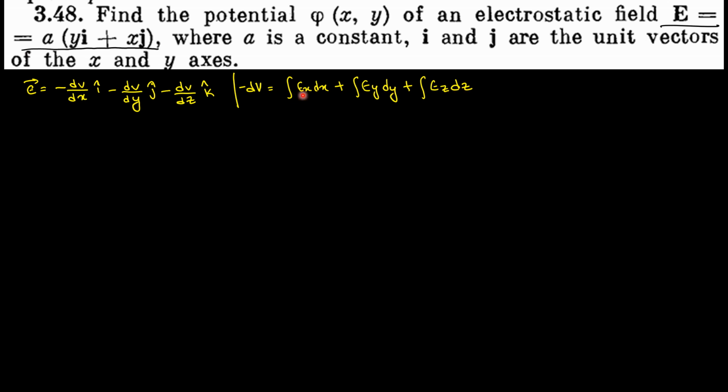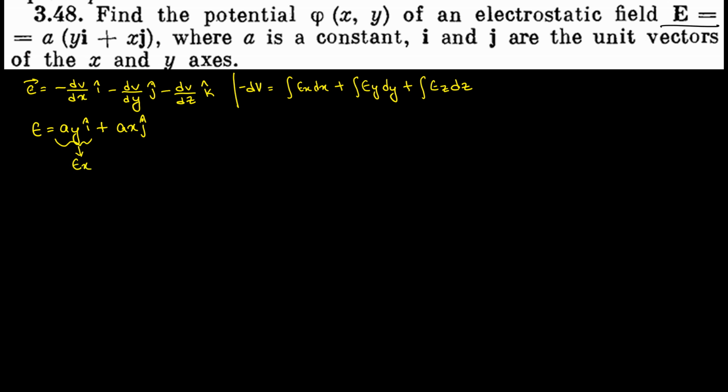Ex is the x component of electric field, Ey is the y component, and Ez is the z component. So here, the electric field is given by Ay i plus Ax j.